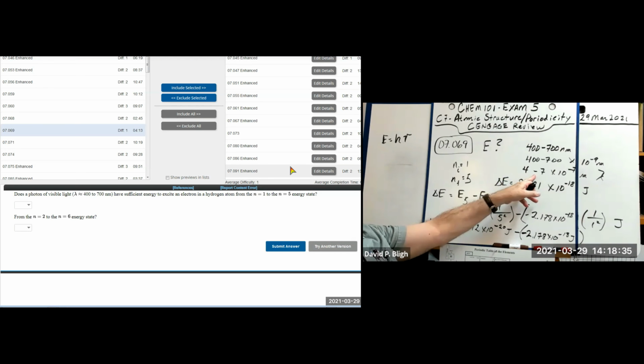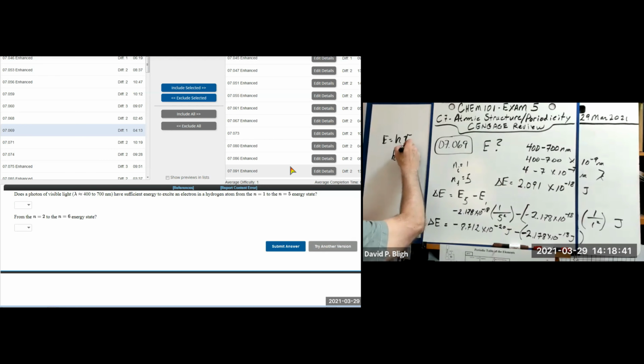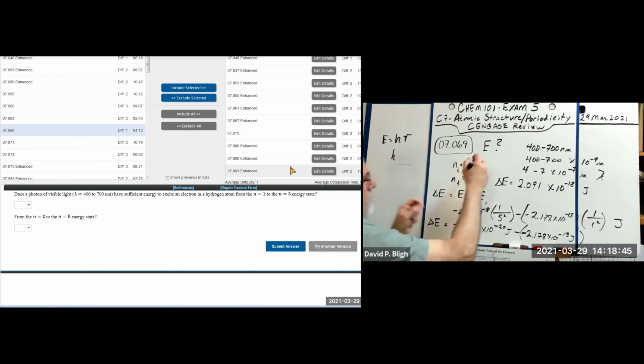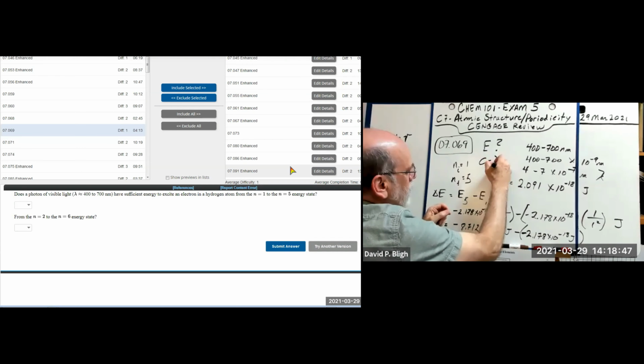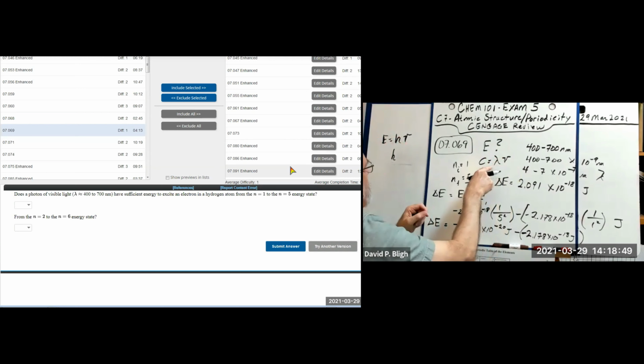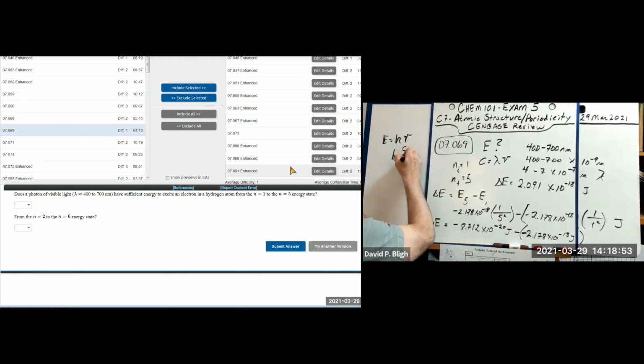We have wavelength. So let's put in the equivalent of wavelength, which is what? Well, I erased it. Right? If c equals wavelength times frequency, then frequency equals c divided by wavelength.